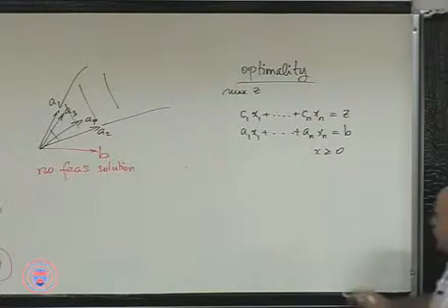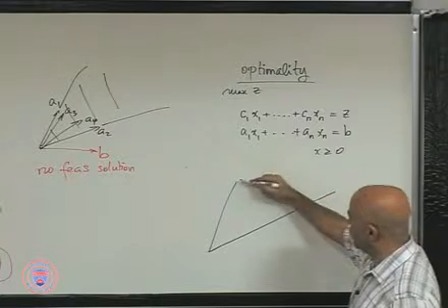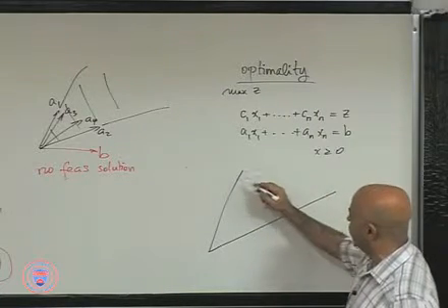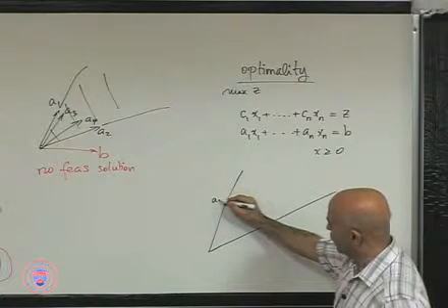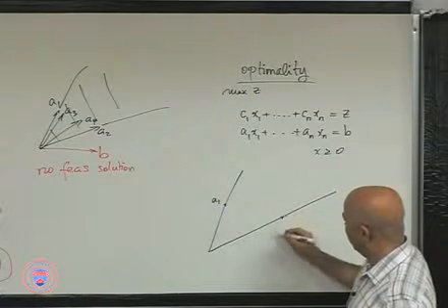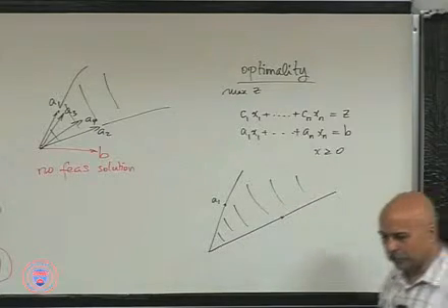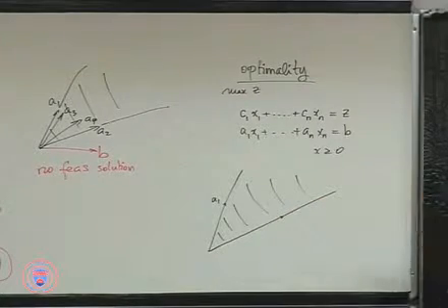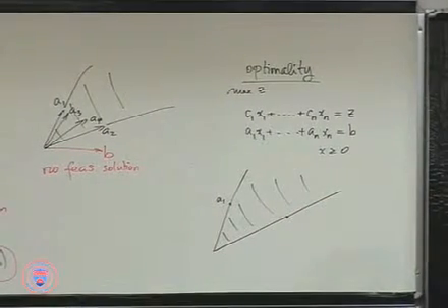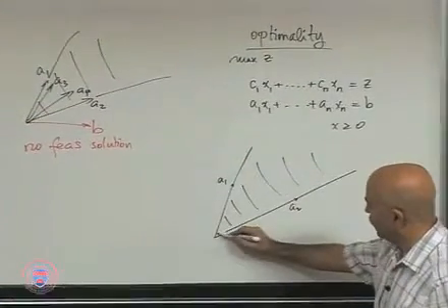So, in this case, suppose my convex cone generated by the columns A1 through AN is this cone, whatever. Let's just take this to be the cone, as in the previous example.